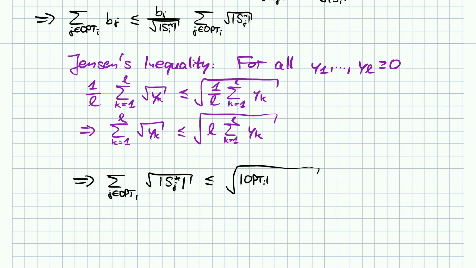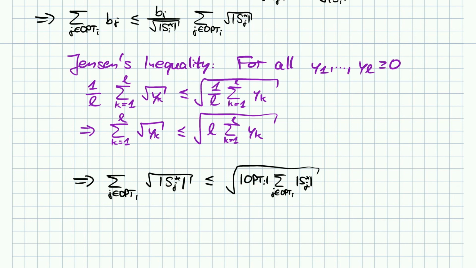This is exactly the cardinality of opt-i, and then we'll be taking the sum over all j in opt-i of the size of Sj star.